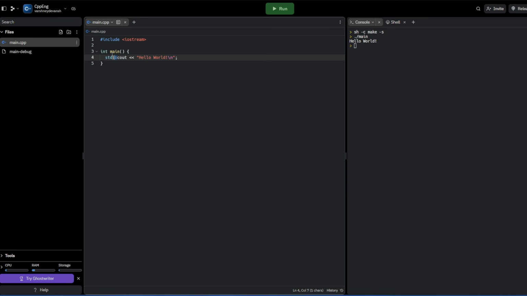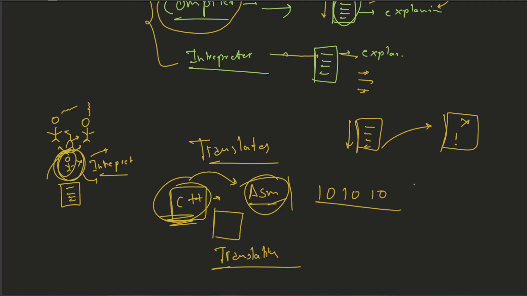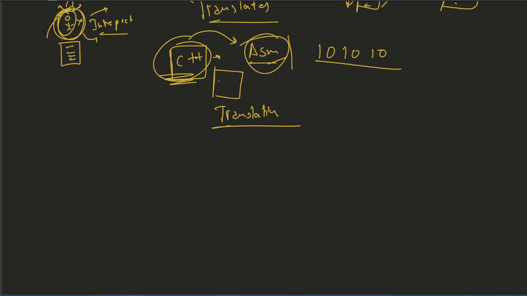For example, you can read hello world here. You don't have to type those binaries, those strange characters, to get this to work. So they came up with something a little above, and a translation step actually translates the C++ code to machine code. We're not gonna go that deep, but basically the compiler does this. That's all it does.